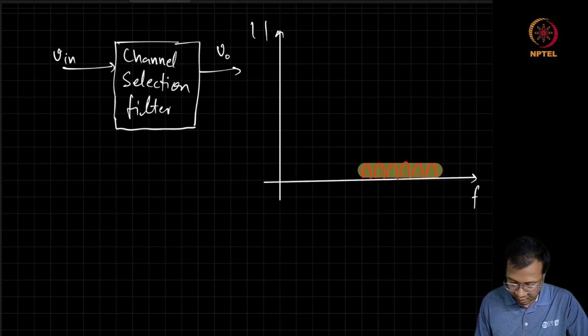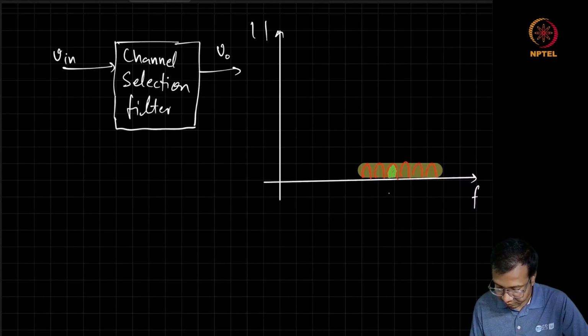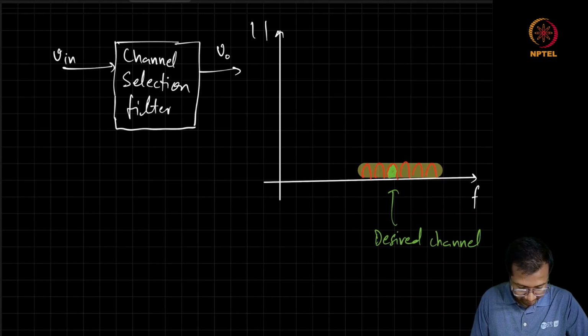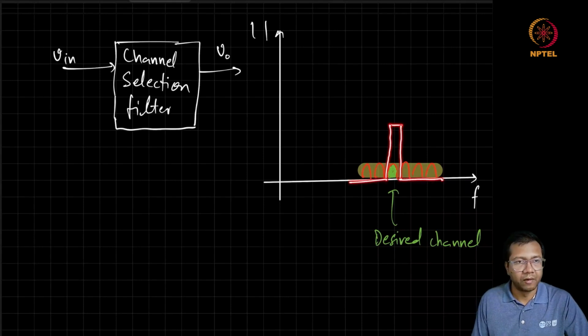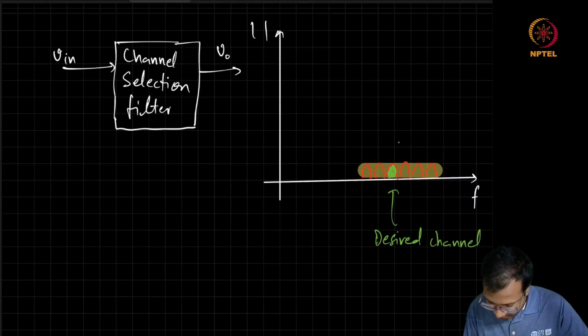And let's say the desired signal is present in one of these channels. So the channel selection filter, as we can see, has to select only this narrow band of frequency while rejecting other frequencies. It requires the filter to be really sharp.